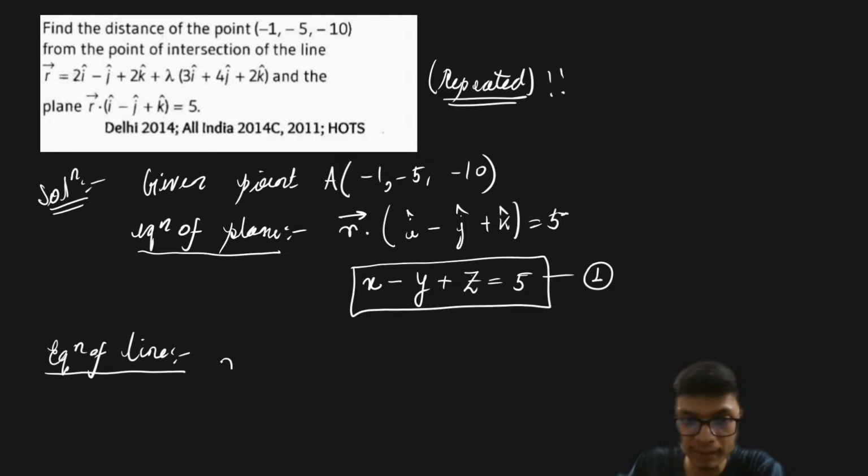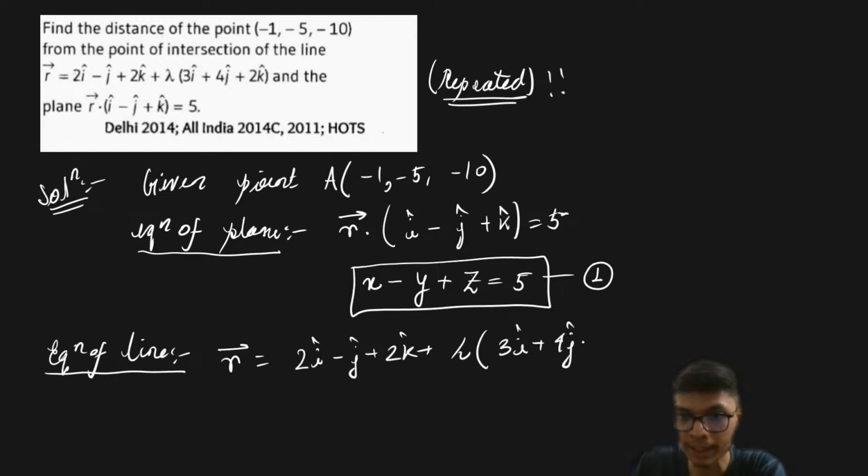So the equation of the line is given as r vector equals 2i cap minus j cap plus 2k cap plus lambda times 3i cap plus 4j cap plus 2k cap, right? If you recall from the initial definition of the equation of line, it is given as a vector plus lambda times b vector.